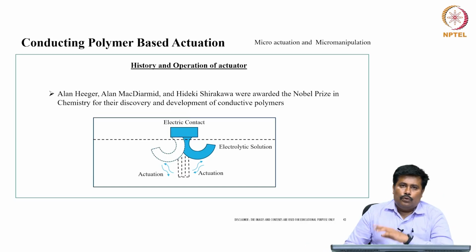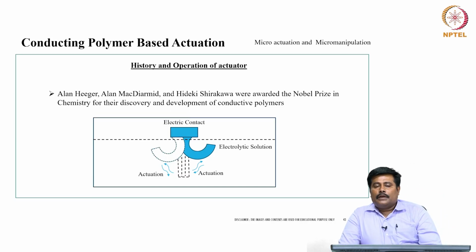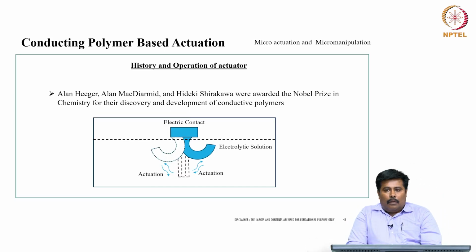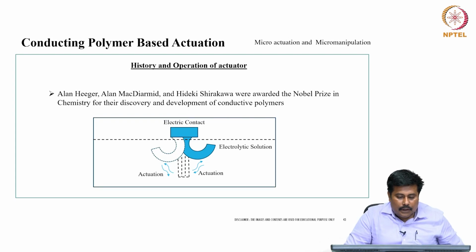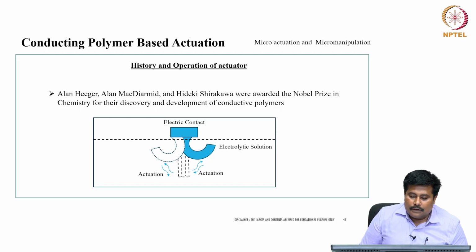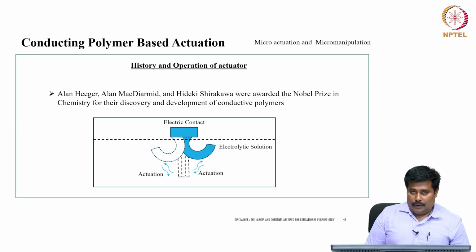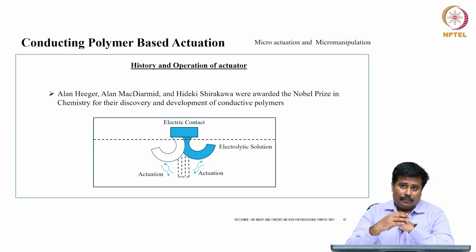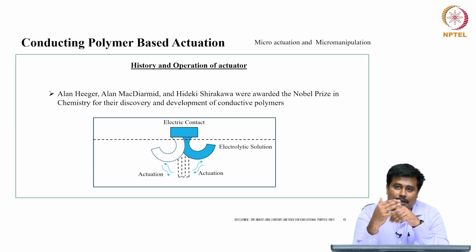Now, looking at the history behind this actuator, the conducting polymer was first discovered by Shirakawa, Alan Heeger and MacDiarmid, who were awarded the Nobel Prize in chemistry for the development of conducting polymers.